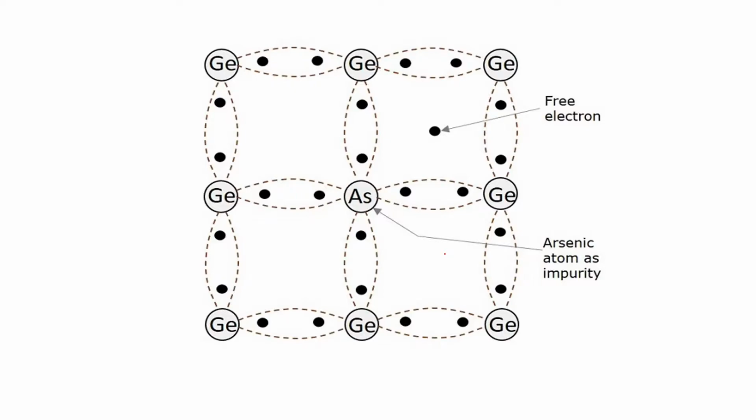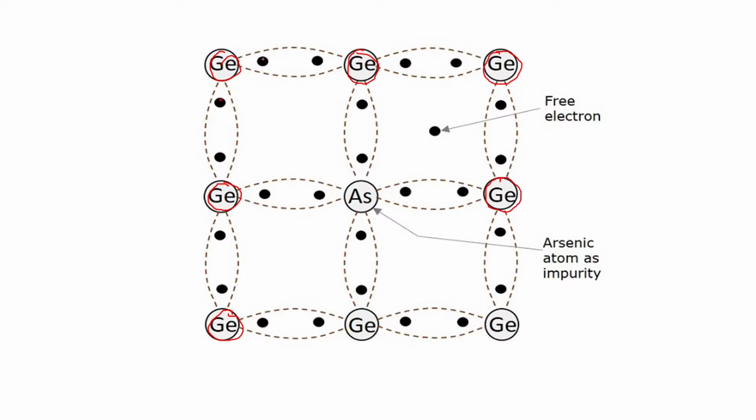So here we have shown, you can see you are having a germanium atom here, here, here, here, here, and here. Now all these germanium atoms will have 4 valence electrons in the last orbit.